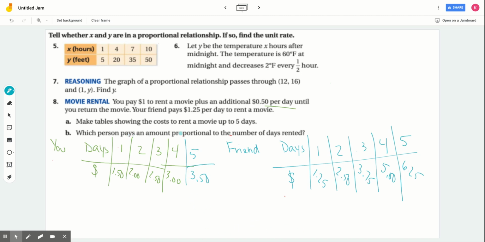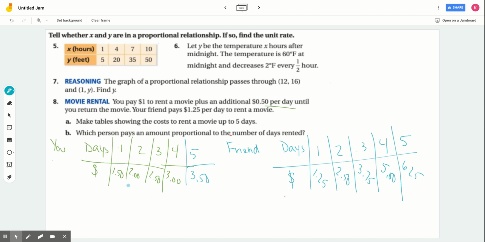Now it says which person pays an amount proportional to the number of days rented. So which of these is showing a proportion? Well, we can see here that this is not increasing by the same amount each time. We know that 1 times 1.50 is 1.50, but 2 times 1.50 would not give us $2. 3 times 1.50 would not give us $2.50.